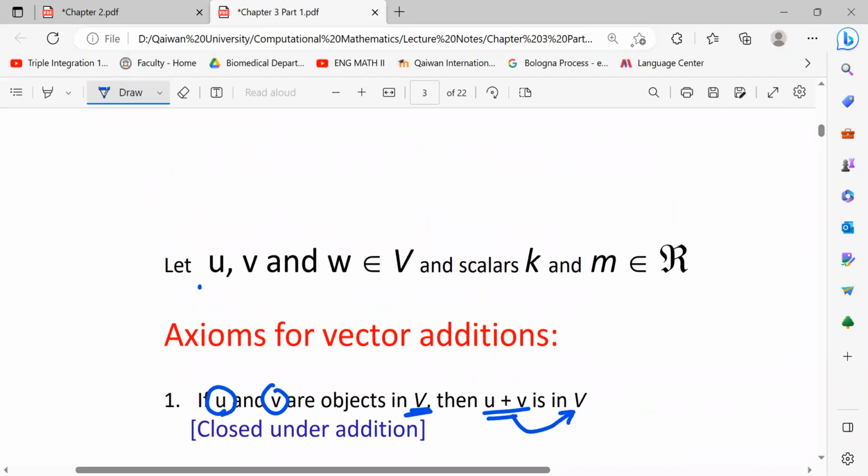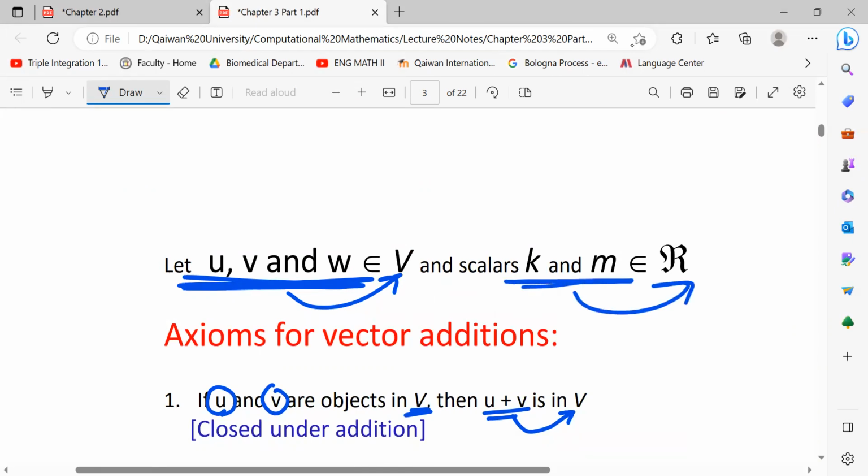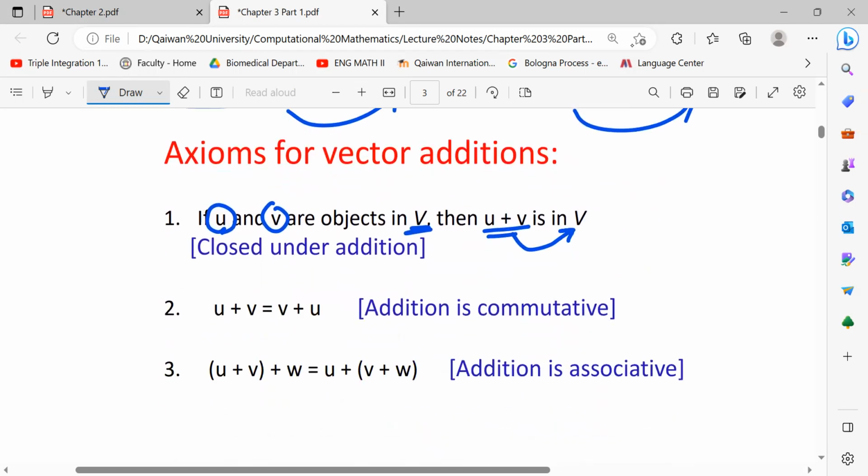But here, look, u, v, and w are vectors, but k and m are real values, numbers. We say, if we find the sum of two vectors, it must be in the space V.